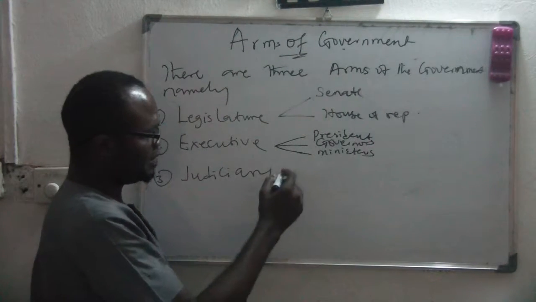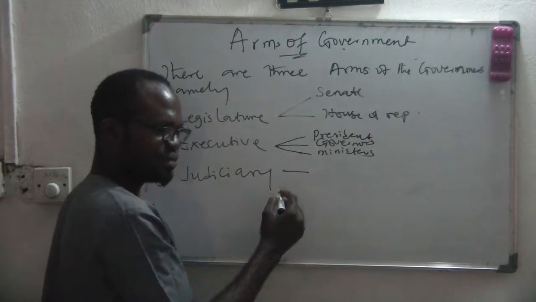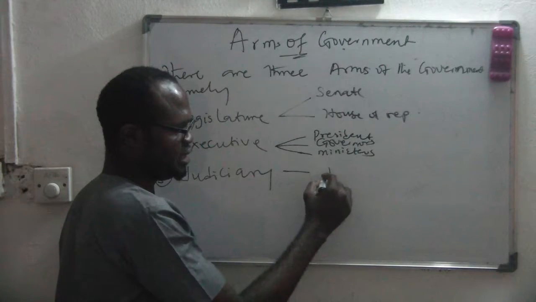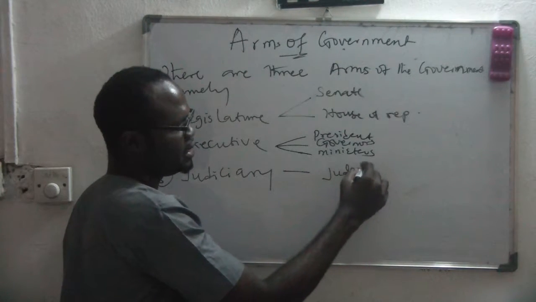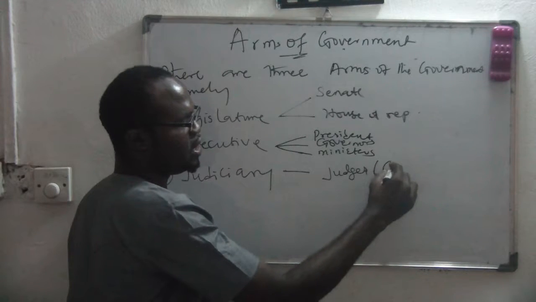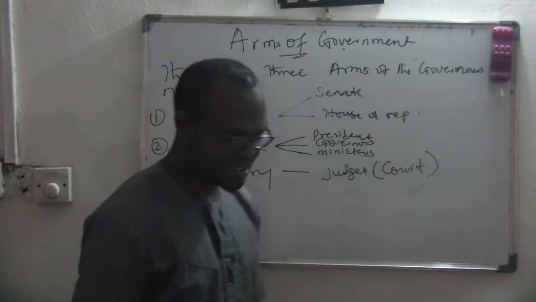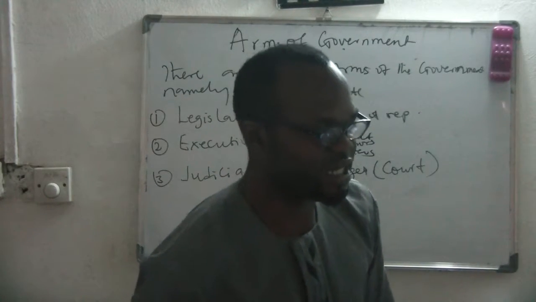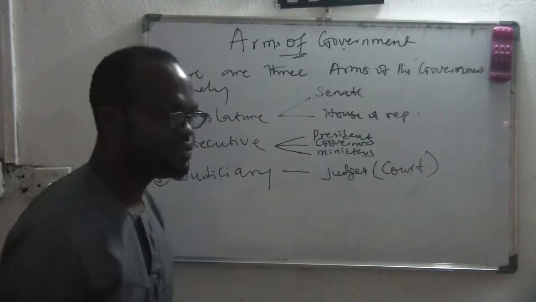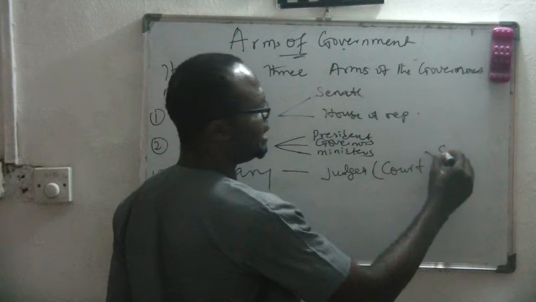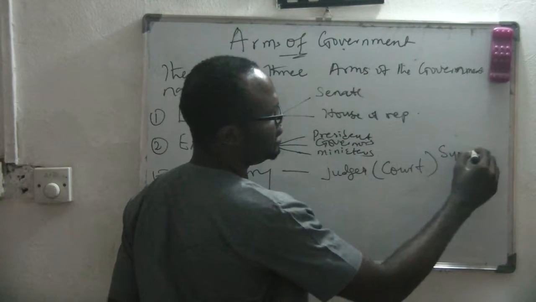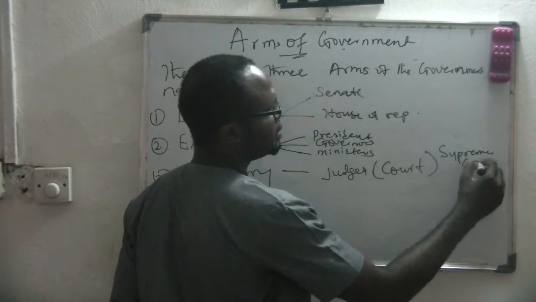The judiciary is made up of the courts, the judges. The highest court of the land in Nigeria is the Supreme Court.